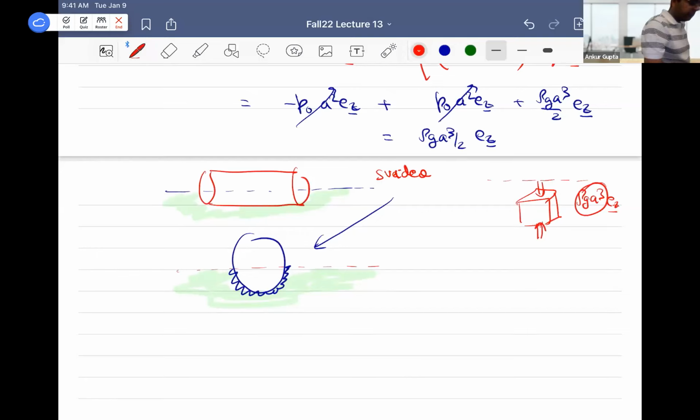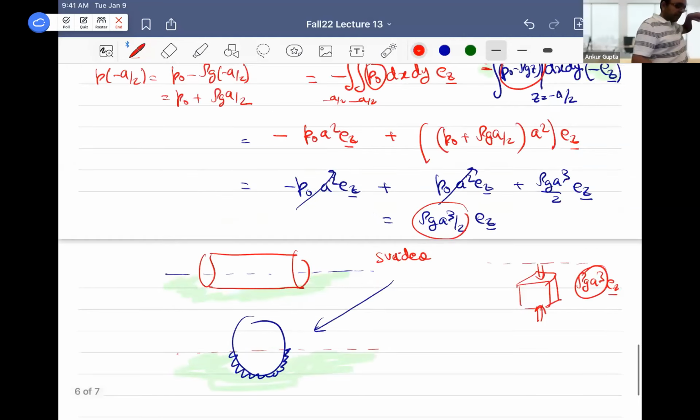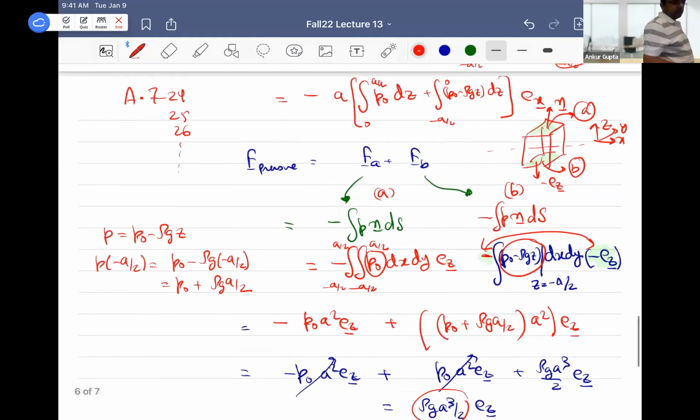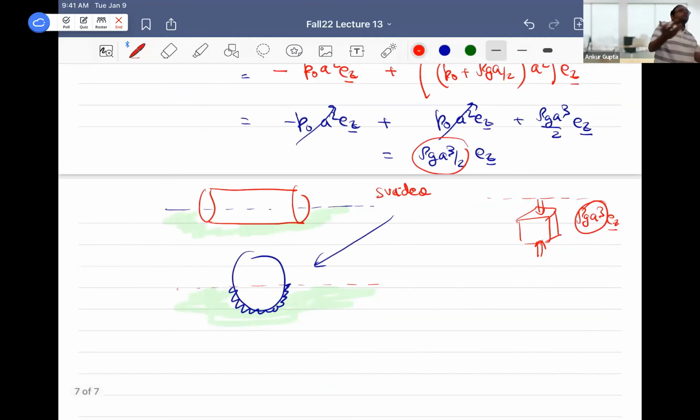Right now I'm getting only a cubed by 2 because half of it is submerged. That's what you can expect, and that makes sense, right? Because when it's fully submerged, my pressure will not be minus rho g z at a by 2, it will be rho g z at minus a, kind of like that. So you can always find that it will work out to be rho g a cubed. Okay. Any other questions?